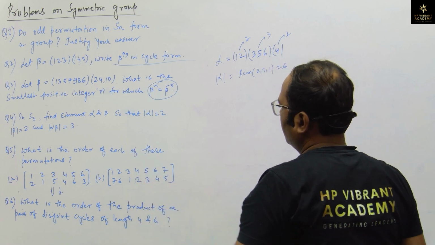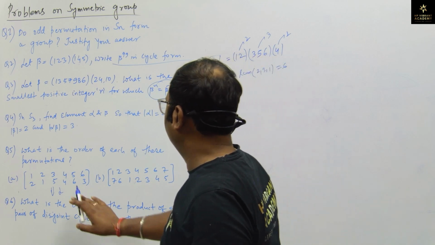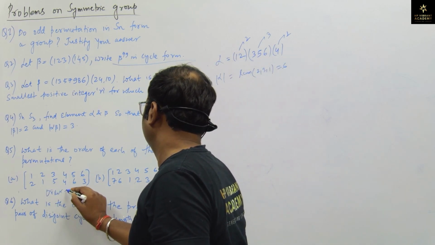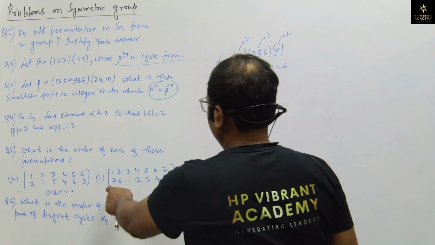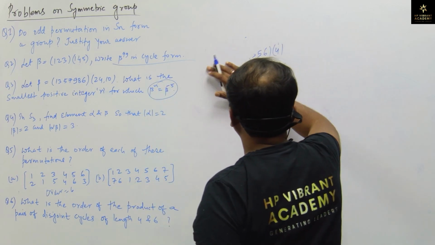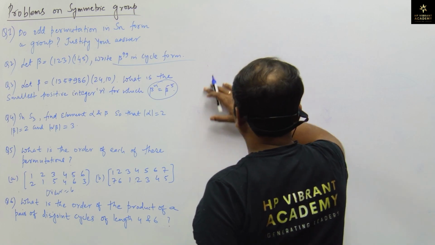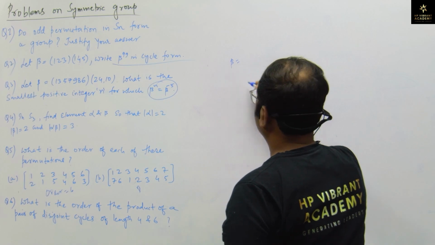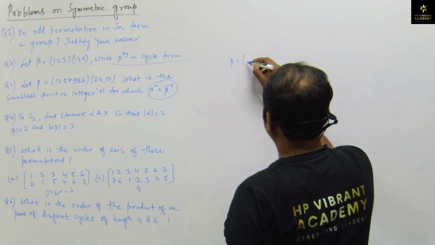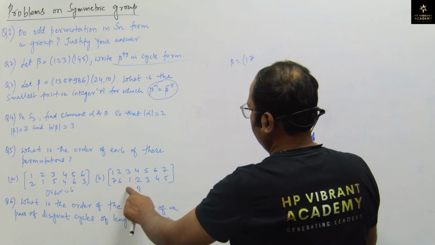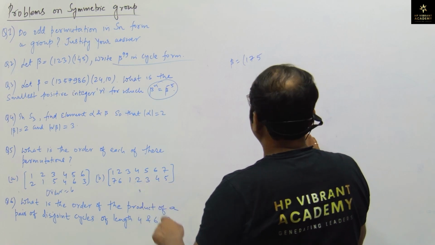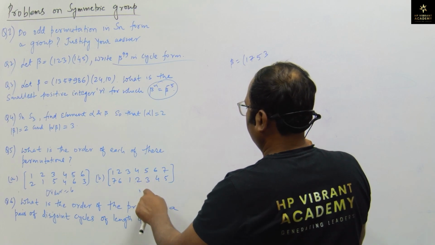Okay, so what is the order of each of these permutations? The order of this one is 6. Now let us discuss the next one. Let us take this as beta. So 1 goes to 7, 7 goes to 5, 5 goes to 3, 3 goes to 1.